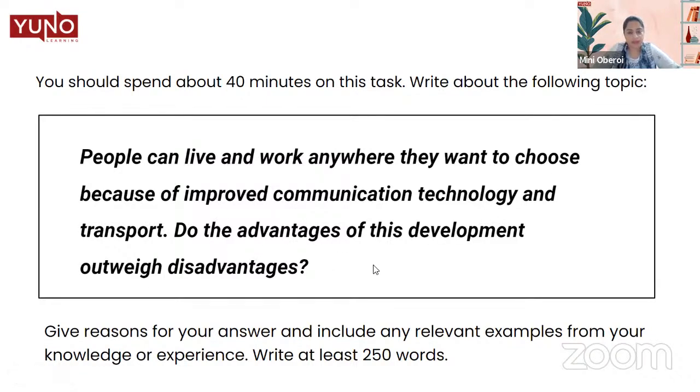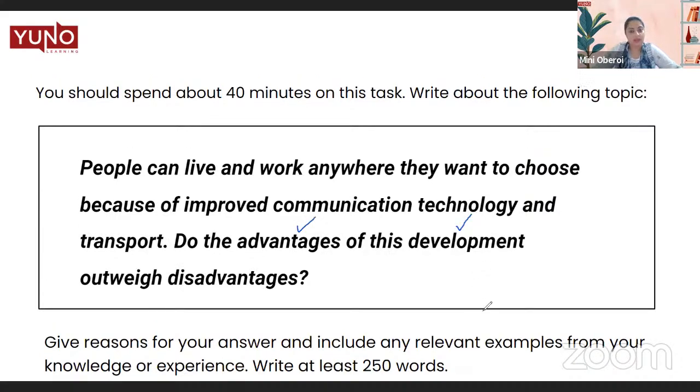Do the advantages of this development outweigh disadvantages? Right? Now, this is a question which is related to advantages and disadvantages. But there's one more thing, outweigh the disadvantages. What do we mean by that? First, we need to understand the question well.